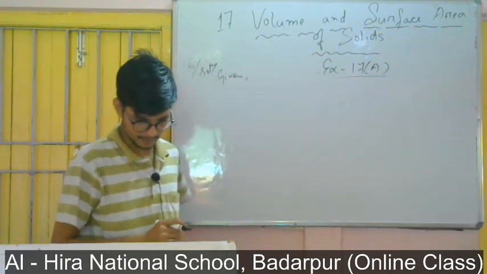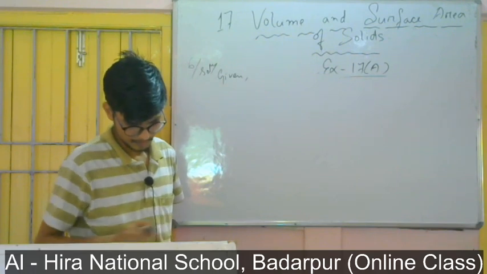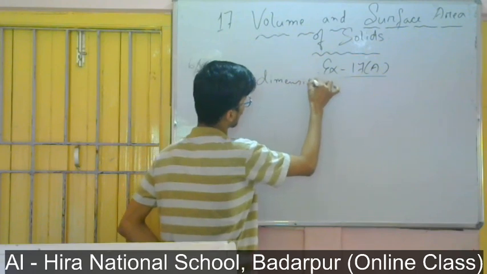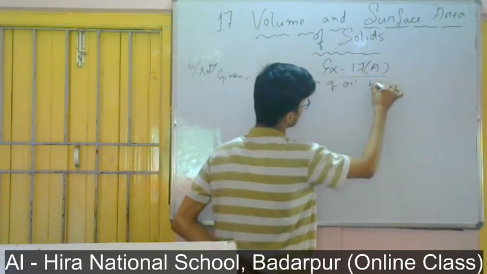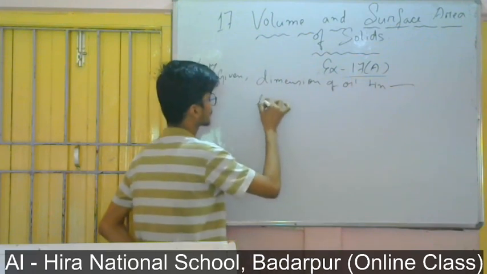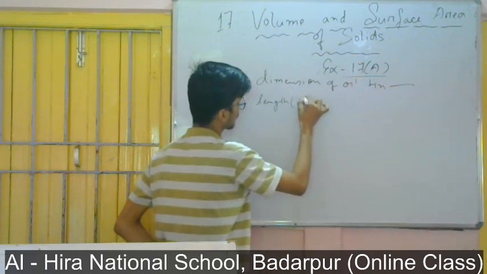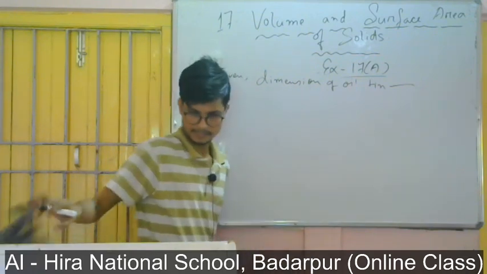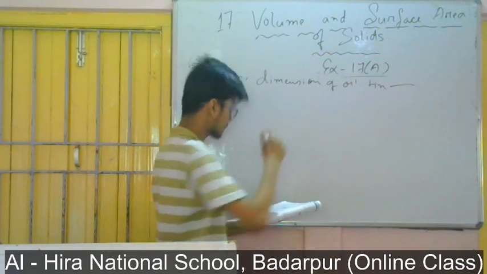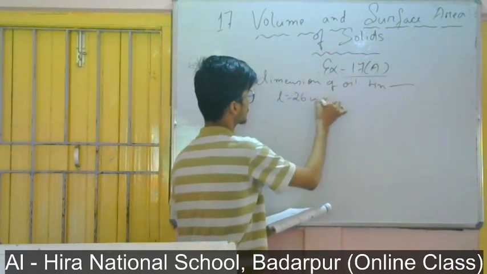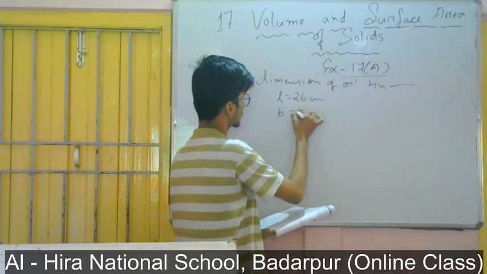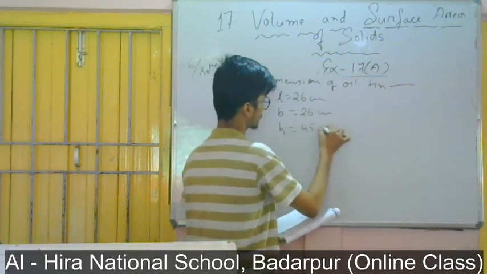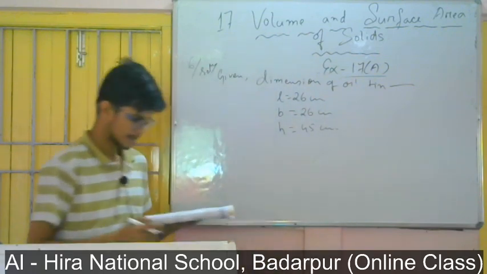Given, okay, you write given dimension of oil tin, length, okay, you write it directly. You write L is given here 26, length equals to 26 centimeter, breadth also it is 26 centimeter, and height is 45 centimeter. Length, breadth and height it is given.